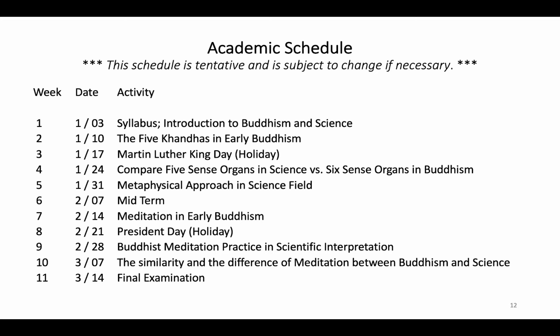And in the third week, January 17, Martin Luther King holiday, and February 21st, President's Day, also a holiday. So you have a holiday twice until the end of this course. And the course schedule can be modified a little depending on the situation.